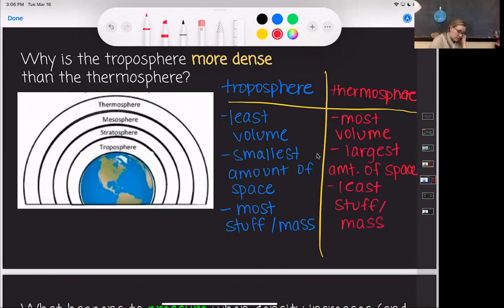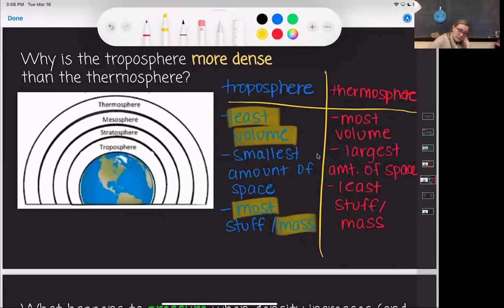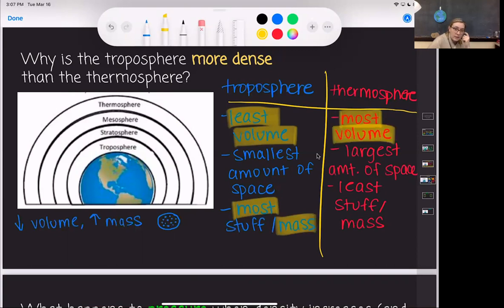So what happens when we have a small volume and a lot of mass? Low volume, high mass means lots of stuff in a tiny amount of space. On the other hand, in the thermosphere, we have the most volume, lots and lots of space, but a very small mass.